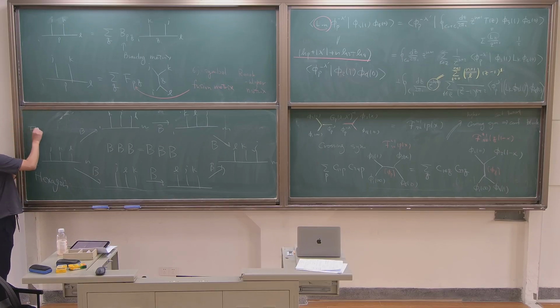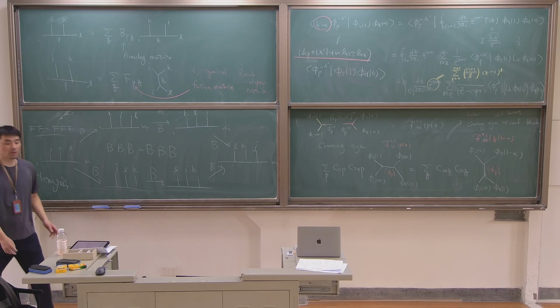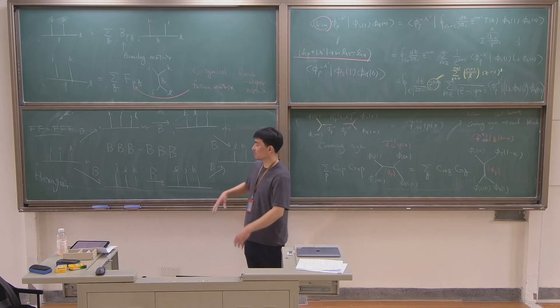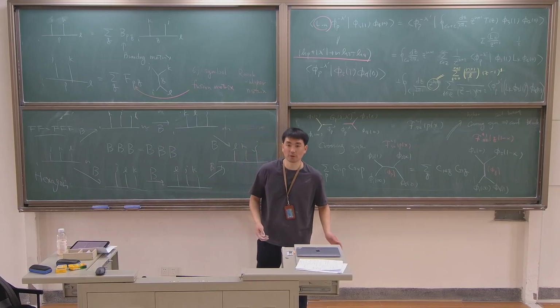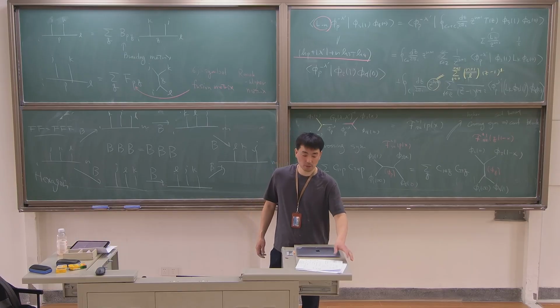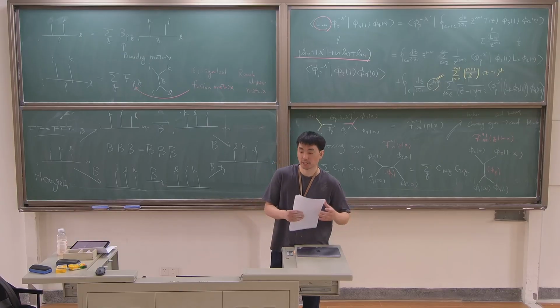Essentially, what you get is FF is equal to FFFF. So that's the pentagon relation you need. Those are the constraints coming from how you transform the conformal block. They will constitute the so-called fusion category and so on. I will briefly review that at the beginning of the next lecture, and let's stop here.